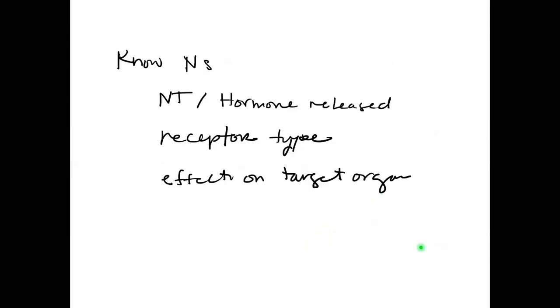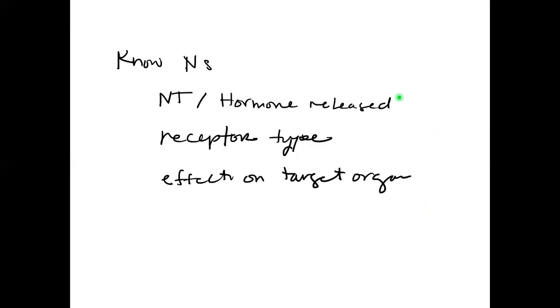Okay, so what do you need to know for the exam for this portion? I want you to know the neurotransmitter and hormone released by the different nervous systems. So somatic, sympathetic, and parasympathetic. So you should know the neurotransmitters that are released for those guys, like how does nerve talk to nerve, and how does nerve talk to skeletal muscle, and how does nerve talk to heart and gastrointestinal tract.